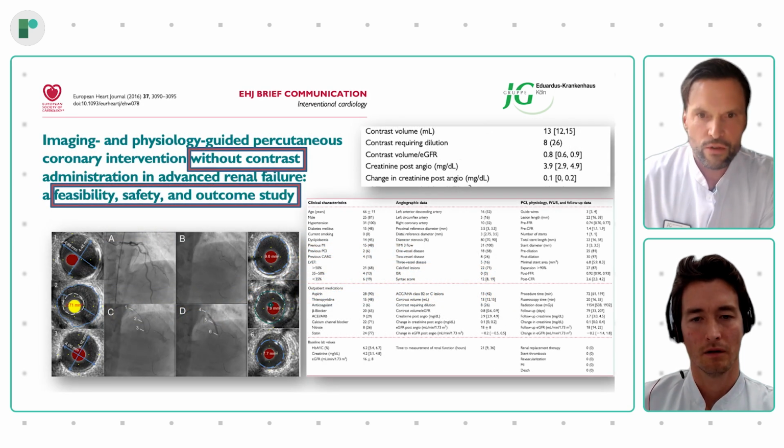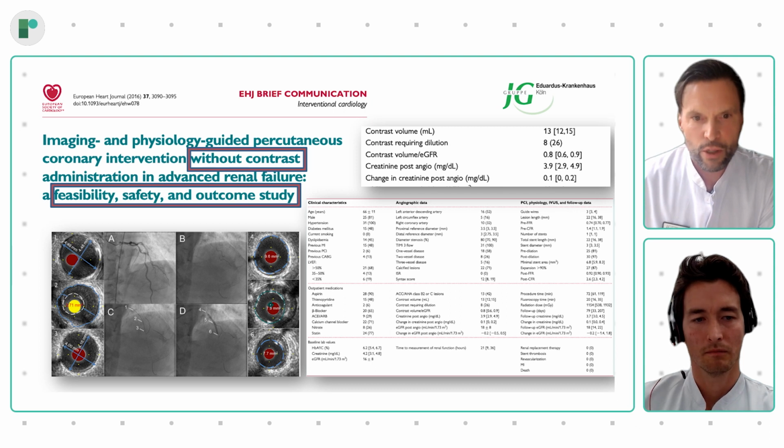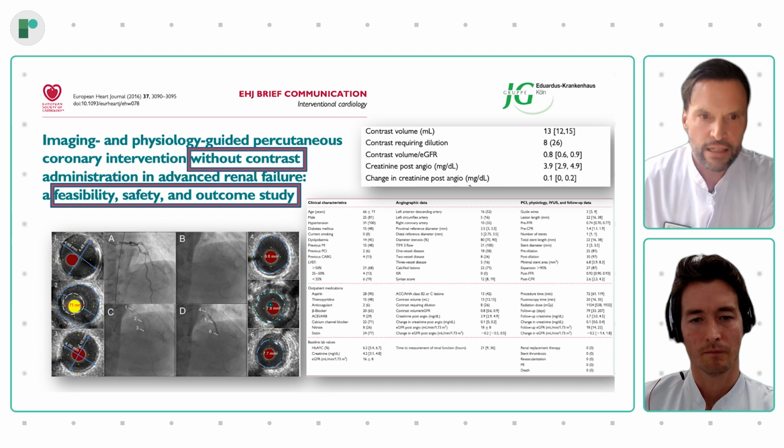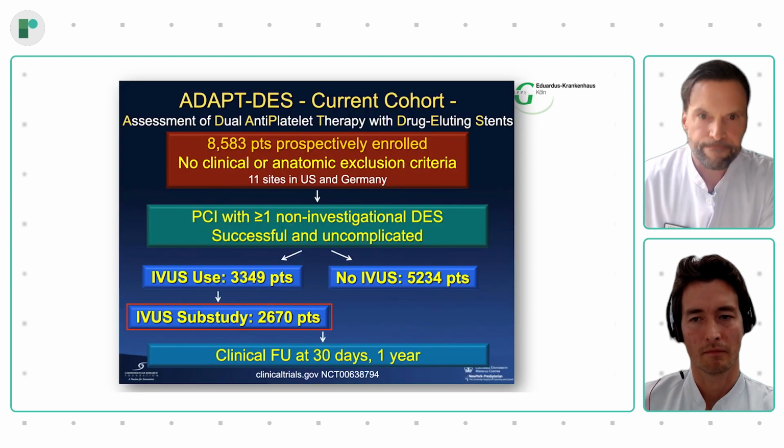And if you want to take it to an extreme, we don't do it routinely, but it has been reported from other centers that in patients with severe renal failure, you can complete a complex PCI even completely without the use of contrast dye, or by limiting the use of contrast dye to only 5 or 6 milliliters. And this is, I would say, the clear advantage of intravascular imaging.